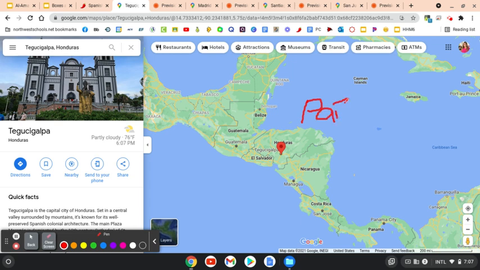Oh, this is bad. I'm so sorry. País, that means country. I guess I should just not do that. Okay, país means country. So Tegucigalpa es la capital de Honduras. Okay, Honduras es un país.